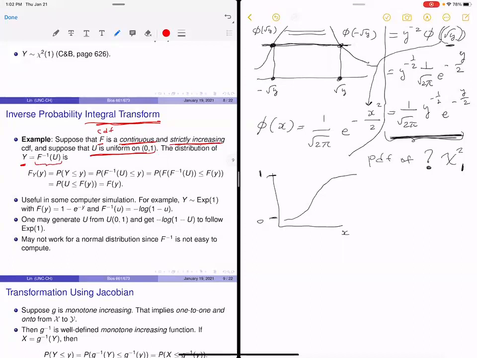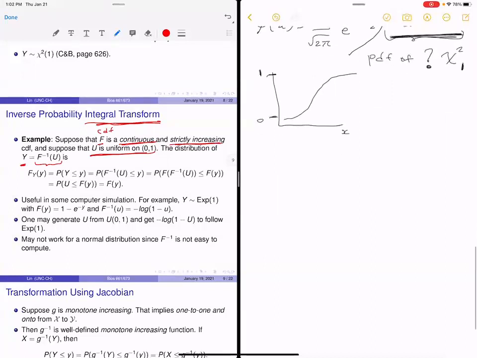So Y equals F inverse of U. Even though I told you F is a CDF, continuous and strictly increasing, can I do the transformation with the inverse of the CDF? Mathematically, you actually could.